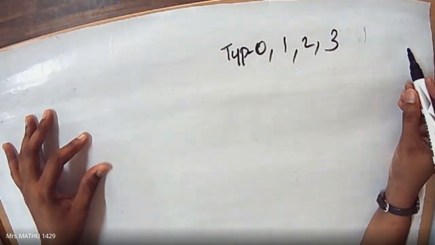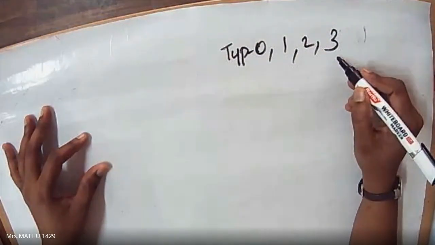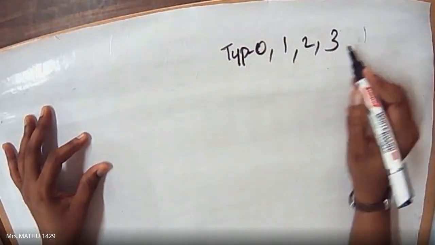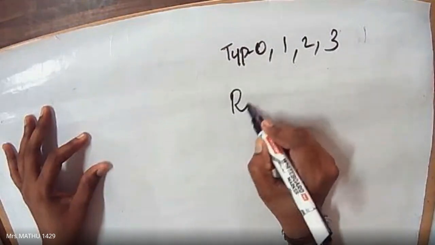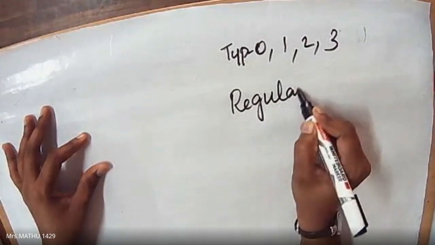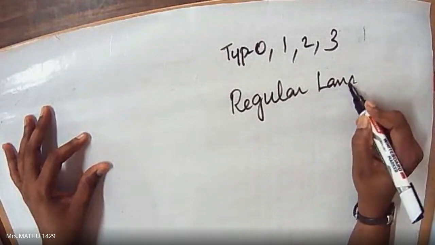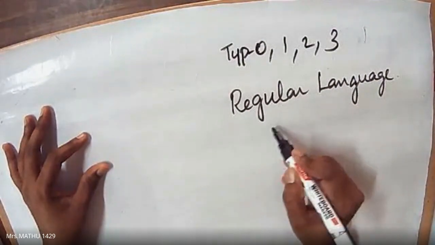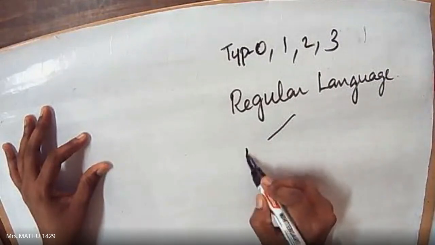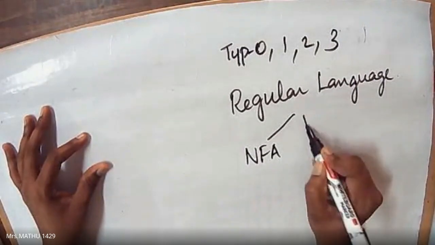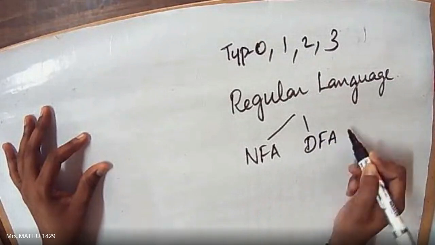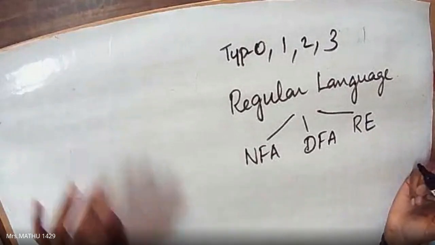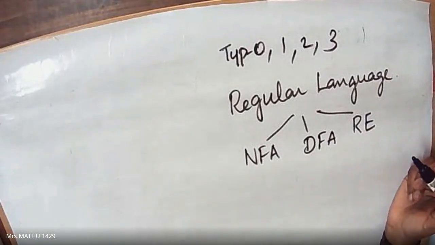What we are now studying is type 3, that is the regular language. We have not yet entered into regular language, but whatever is concerned with it we have now studied. For representing regular language, we have NFA and DFA, and another notation is the regular expression. So all these three things we have now discussed.